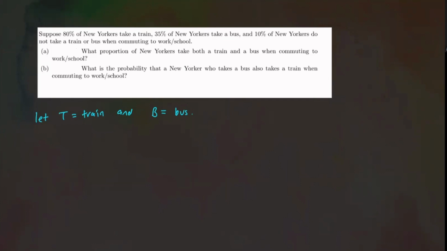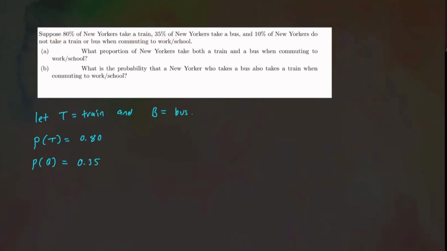Now let me go ahead and write down what's been given. We know the probability of those who take the train, probability of T, is 80%. So let's write that as 0.80. Then the probability of those who take the bus is 35%, so that's 0.35. I just converted these into probabilities.